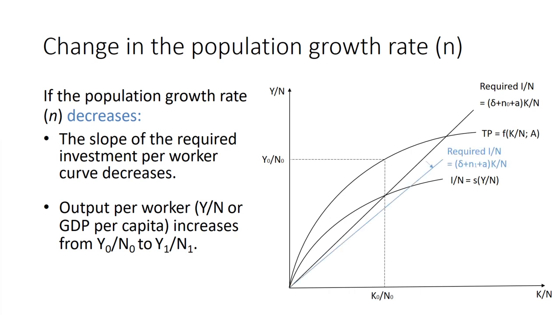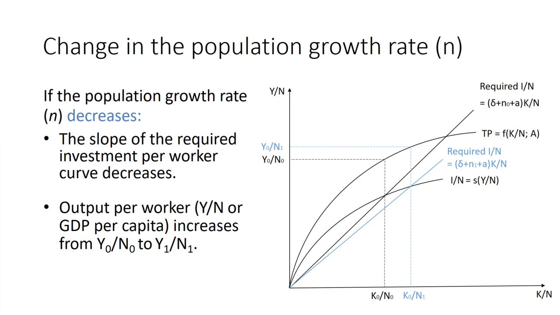When the population growth rate changes, as you can see, that is a portion of our required investment per person. So our required investment per person curve would shift to the right. We would then have a new point of equilibrium, one where capital per person is higher, and our income per person is also higher.